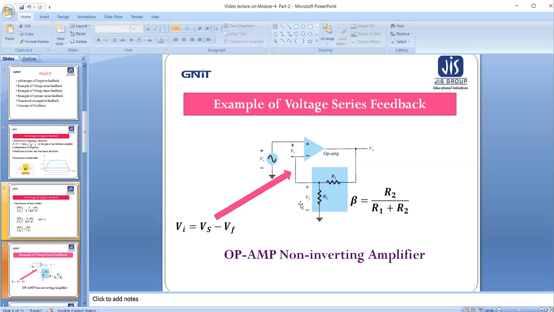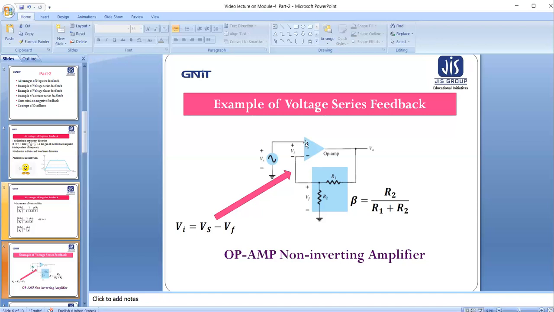It is basically the op-amp non-inverting amplifier, because the signal is applied at the non-inverting terminal and the inverting terminal is grounded via this potential divider network. Now, whenever we apply the signal at the non-inverting terminal, the differential voltage within the op-amp tends to 0 due to the infinite voltage gain of the op-amp.